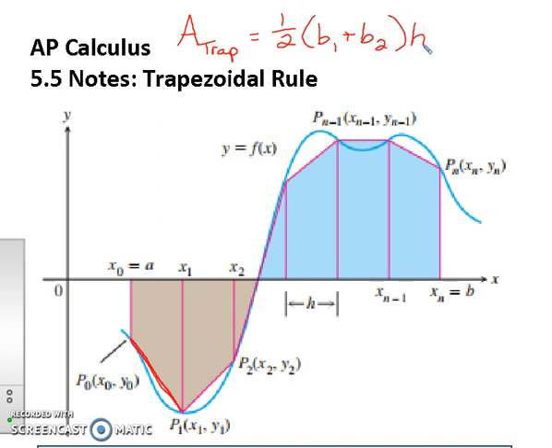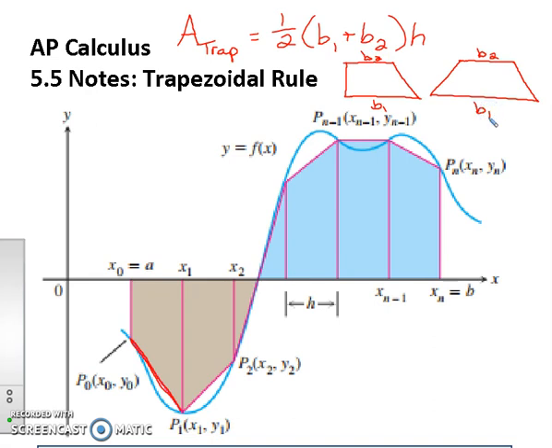The only difference really is that in your previous math classes, even back to elementary school, trapezoids usually look something like this or something like this. And the bases are usually these sides.